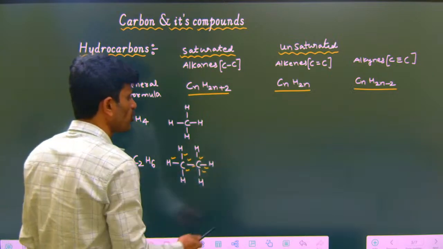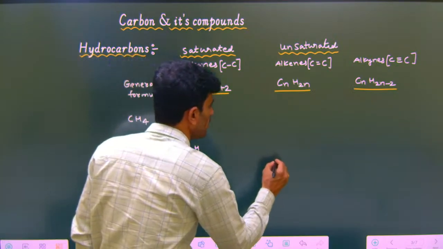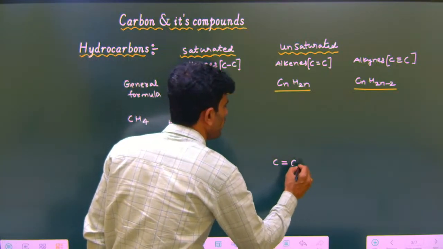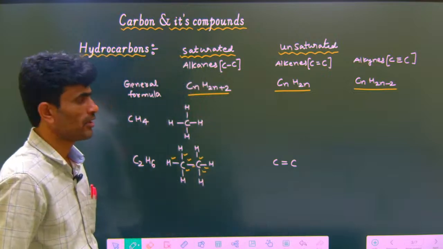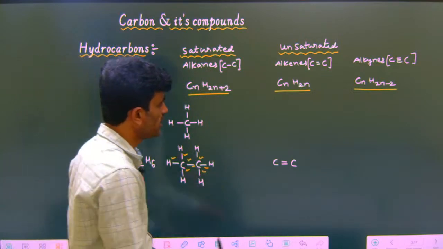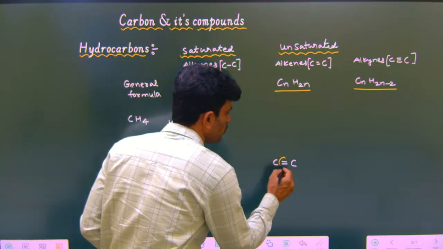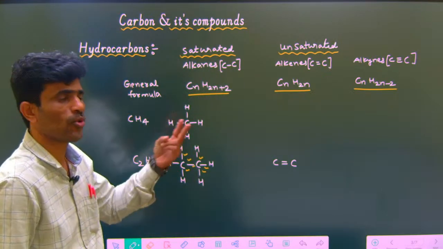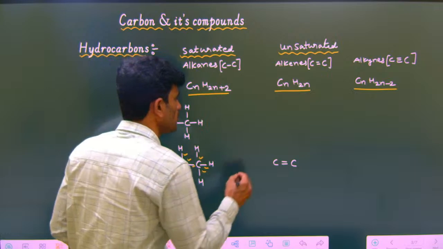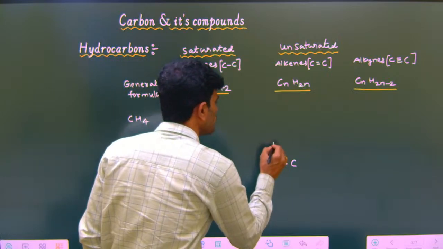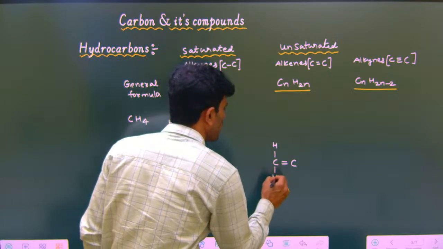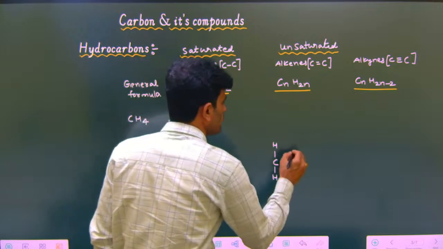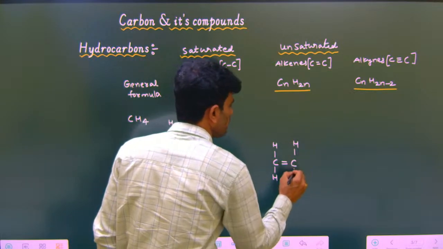Now we can also draw ethene. When we want ethene, between carbon and carbon you should have a double bond. Now the first carbon already has 2 covalent bonds, so it can have only 2 more covalent bonds. Those two more covalent bonds will be between carbon and hydrogen like this. Even on the second carbon it is the same.